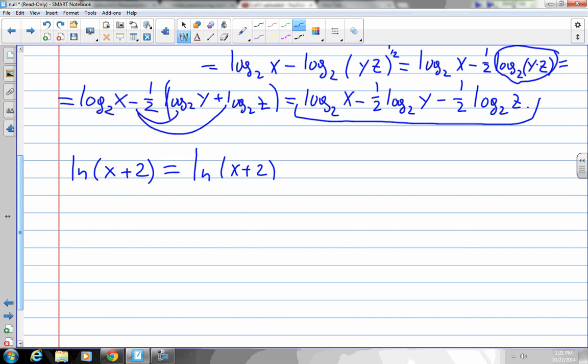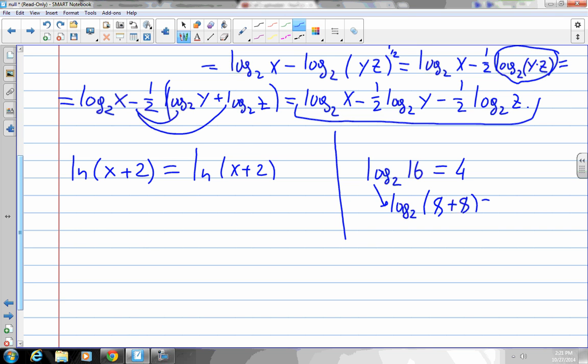Let me just give you a numerical example. Don't write this down. If I give you log base 2 of 16, that is 4. Do you all agree with that? But if I say it's the same as log base 2 of 8 plus 8, that's 16, you agree with that?